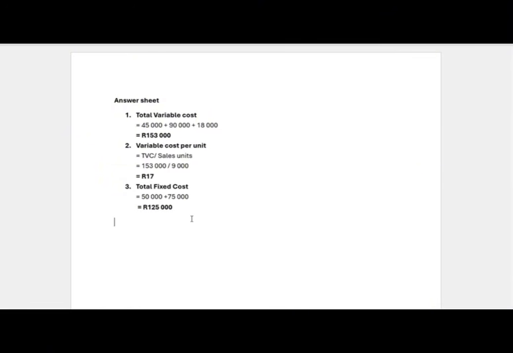All right, number 4, I see on the question it is not indicated, but I want us to go and prepare our marginal income statement. Let's make our number 4 a preparation of our marginal income statement.